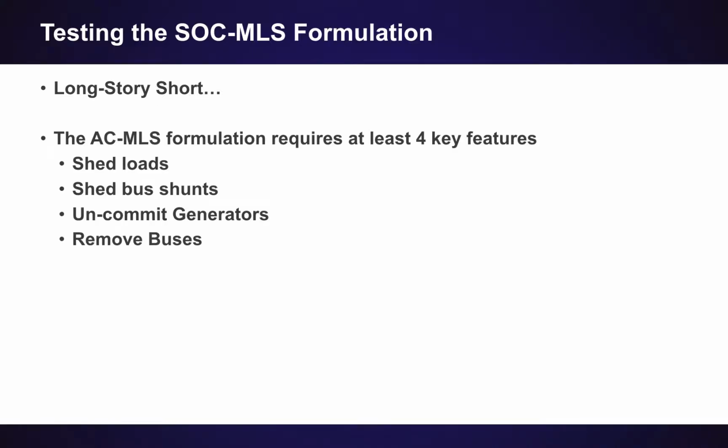There were more examples out there, but making a long story short, what we discovered was that this AC-MLS formulation requires at least 4 key features. You need to be able to shed the loads. You need to be able to shed the bus shunts. Interestingly, you need to be able to uncommit generators, because in real networks, generators can have lower bounds of, say, 20 megawatts or something like that.